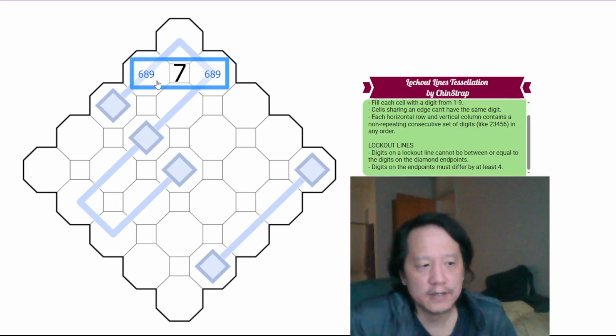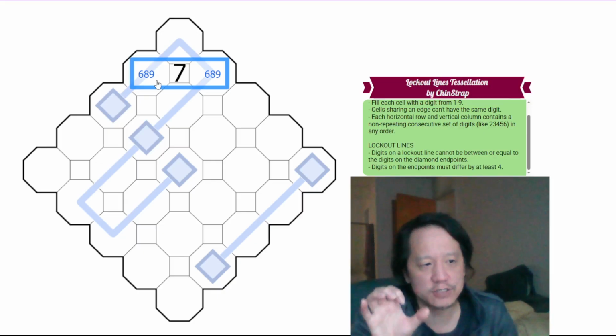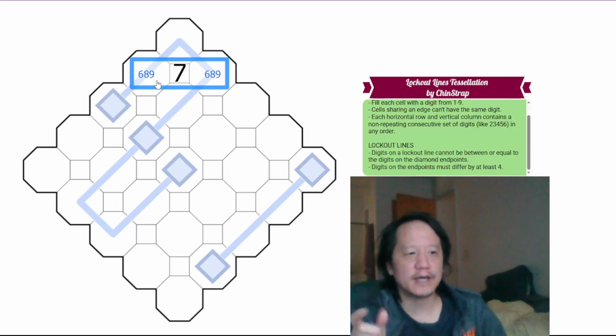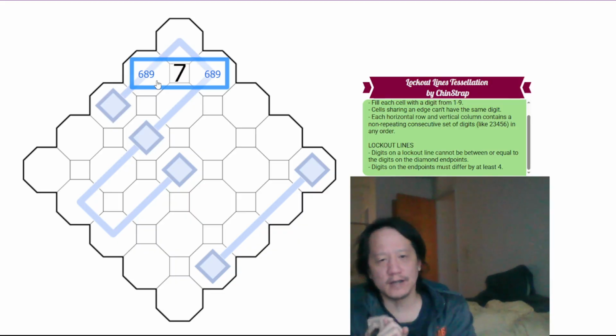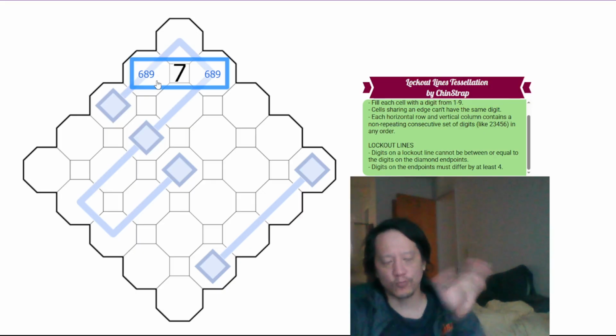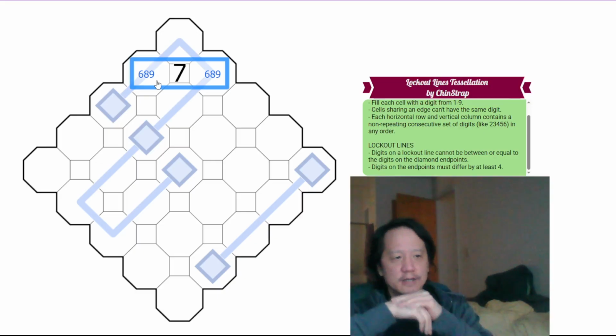Because again, what set of digits 4 apart from each other would not have 5 in between? There is none, right? Obviously 1 and 5 and 9 is the minimum for 1 and 9, or the maximum for 1 and 9.